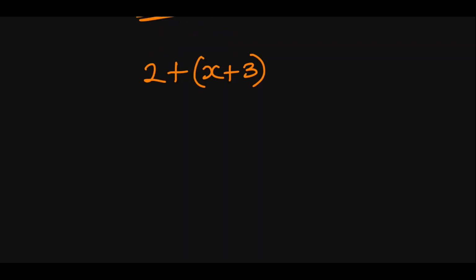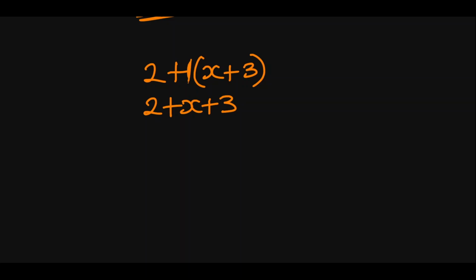So here is an example of such a scenario we are talking about. 2 plus (x + 3). So in this situation, we know that there is a 1 here. 2 plus 1 into (x + 3) because there is really nothing beside that bracket except the plus. So you can just open the brackets without doing anything special. Just 2 plus x plus 3.